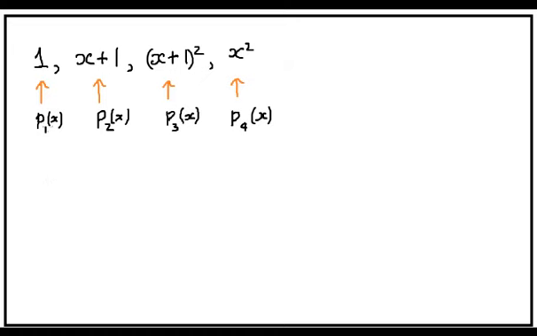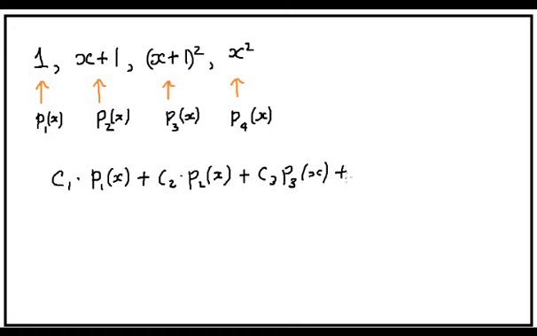So when we have a sequence of 4 vectors, it is said to be linearly independent when the following holds. Every time I can form their linear combination in such a way that the linear combination evaluates to 0, all the coefficients, all the scalars in the linear combination, the c's, c1 up to c4, must equal 0 as well.